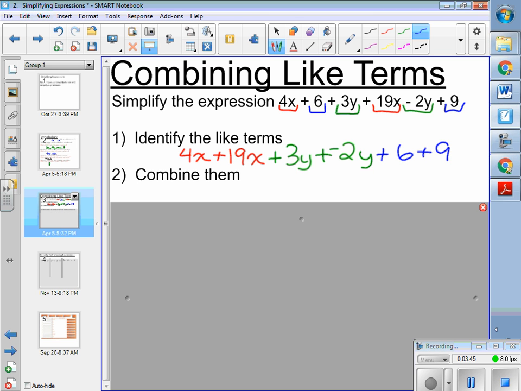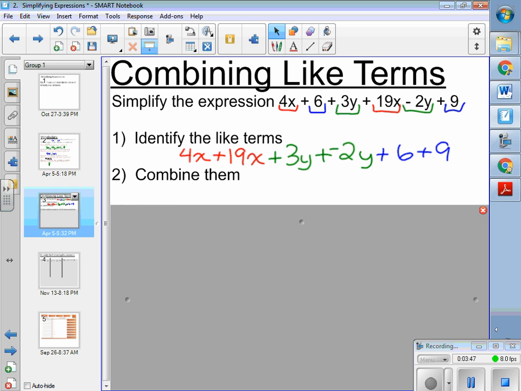Okay, so now we're going to combine them. 4x plus 19x gives us 23x, plus 3y minus 2y gives us 1y, plus 6 plus 9 gives us 15.